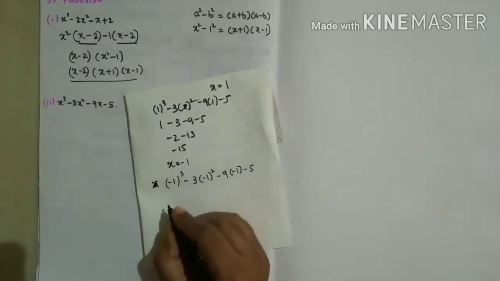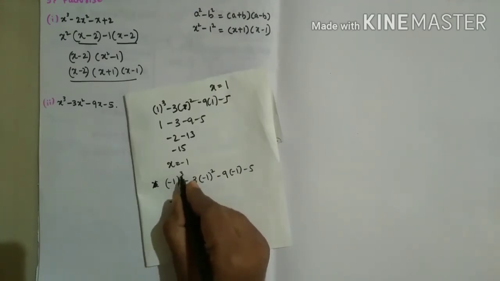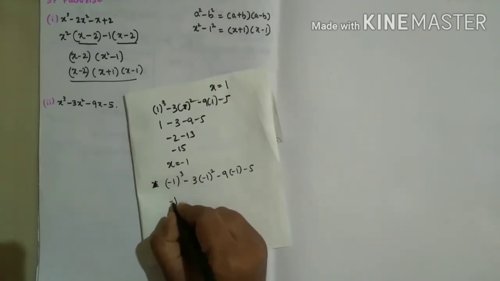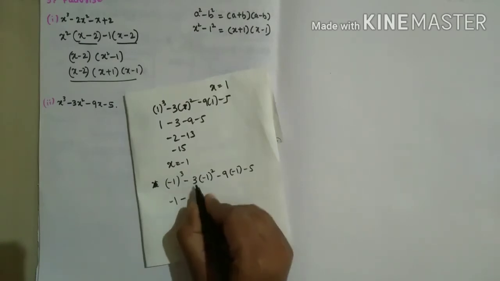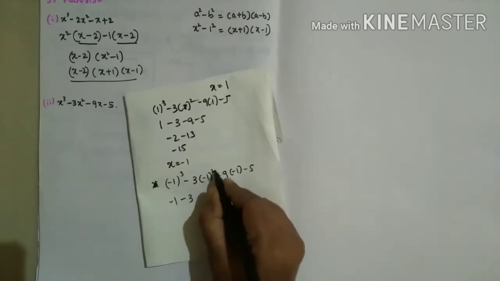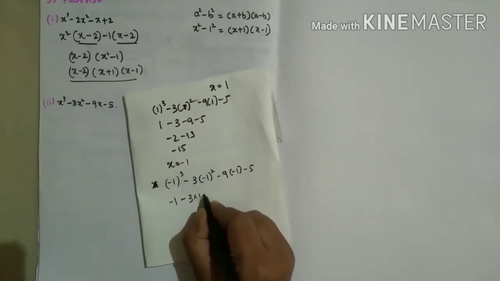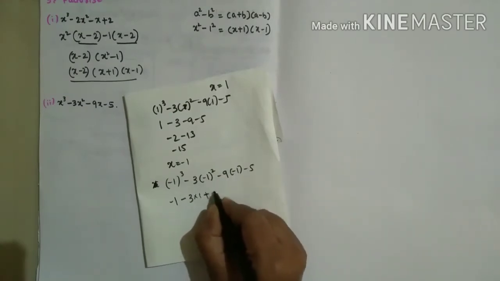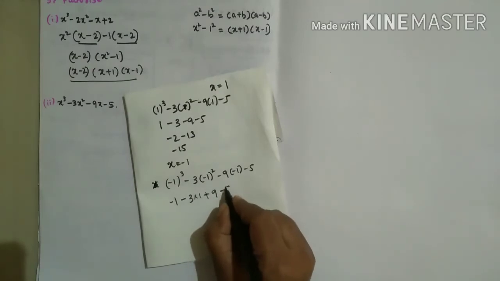Minus 1 cube will be minus 1 only. I already told you, if the power is odd, a negative number will come. Minus 3, minus 1 square will become plus 1 into 1, minus into minus will become plus 9, next minus 5.